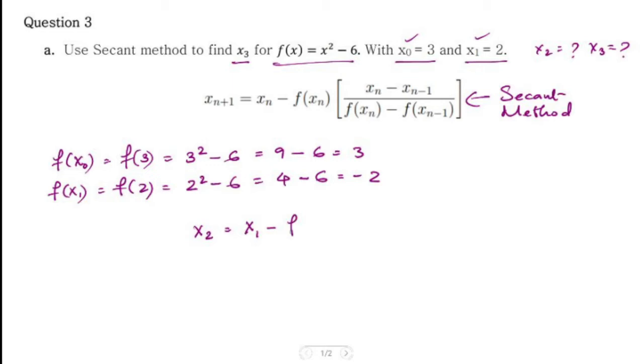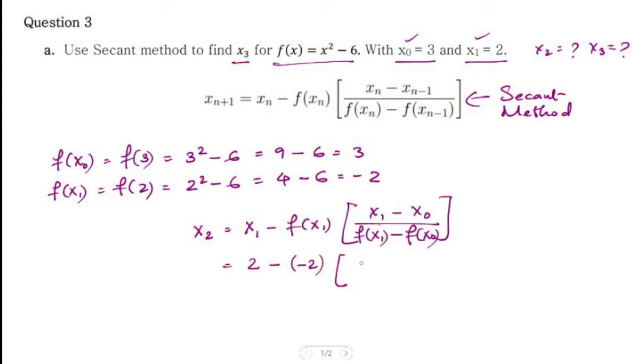Here we have the value for x1, that's 2, minus f of x1, which we just found, that's minus 2, times x1, which is 2, minus x0, that's 3, divided by f of x1, that's minus 2, minus f of x0, that's 3. Once we solve this for x2, we get the value 2.4.